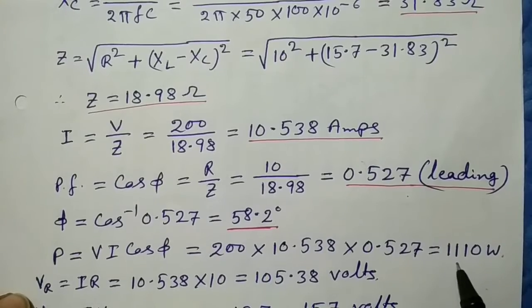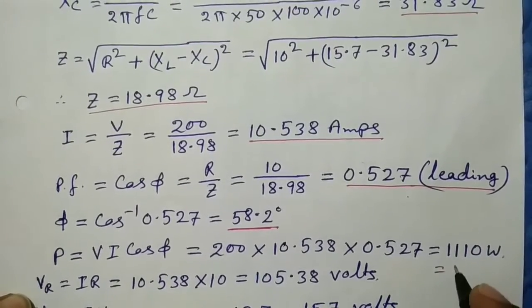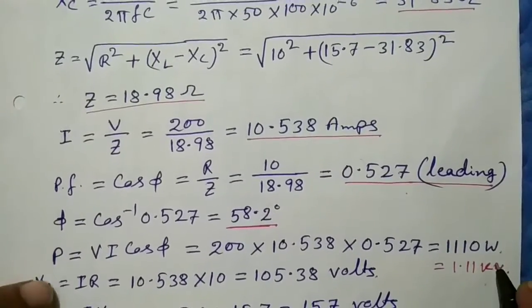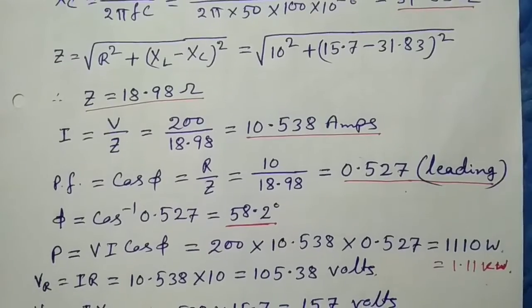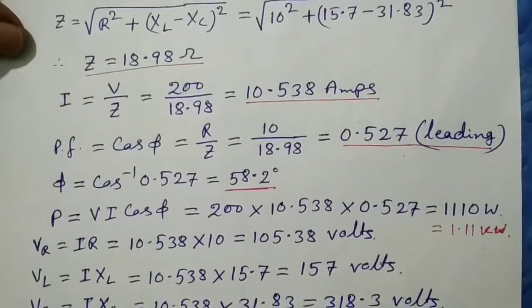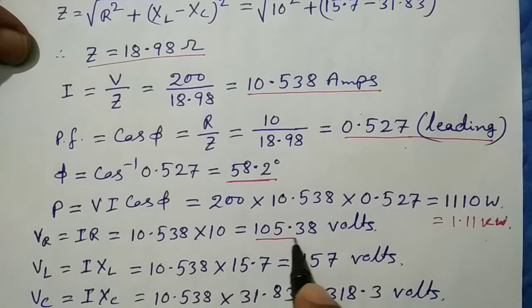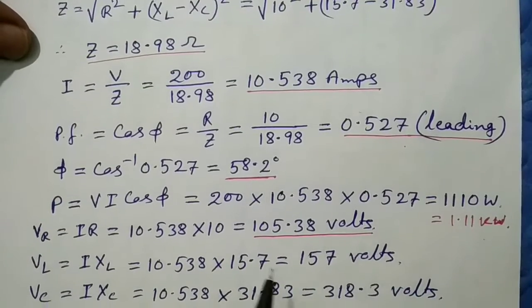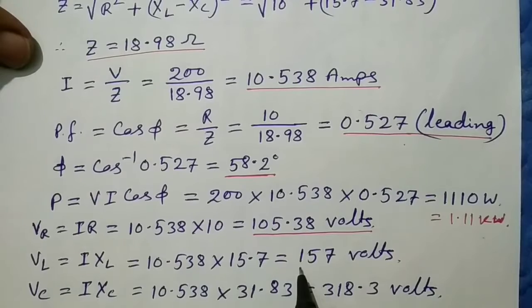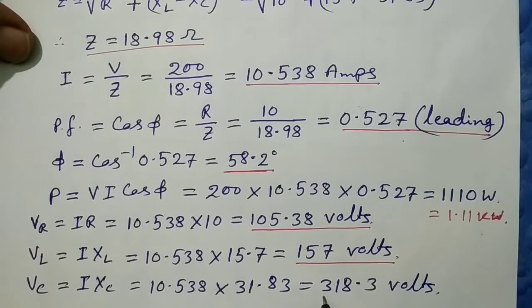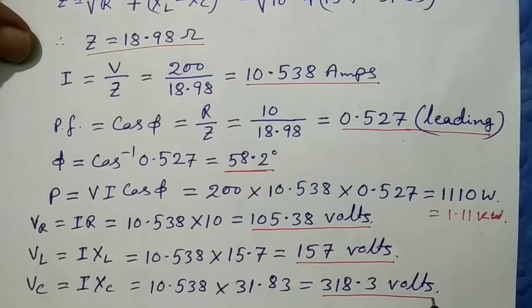So here it will be 1110 watt, or we can also write 1.11 kilowatt. That also can be written. Now the voltage drop across the resistance is 105.38 volts. Voltage drop across the inductance 157 volts, and the voltage drop across capacitance 318.3 volts.